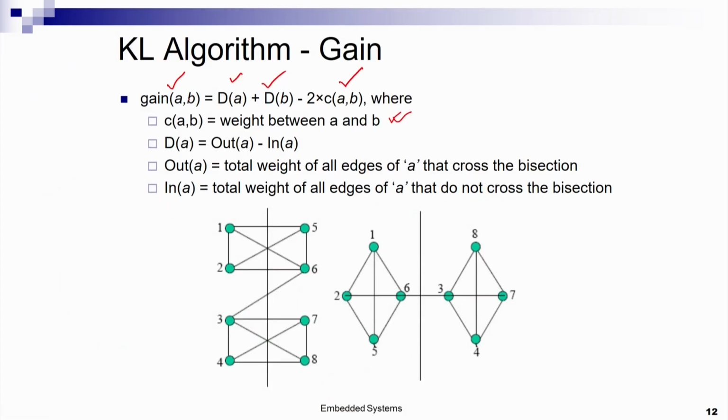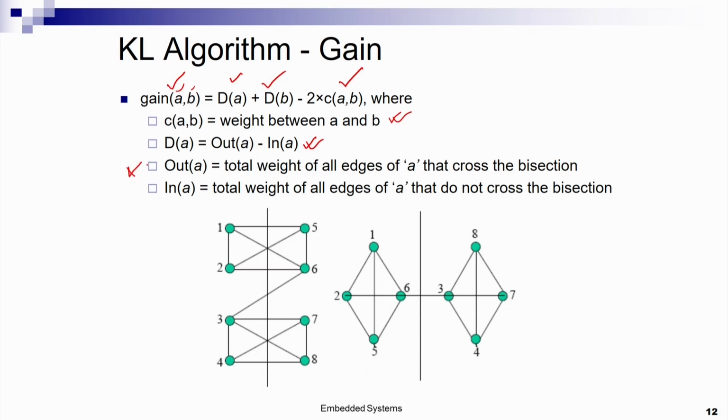Now, we take any arbitrary pair A and B and find out its gain, and that is given by dA plus dB minus 2 CAB, where CAB is the cost of the data transfer between A and B. dA is out A minus in A. Out A is the total cost of edges which cross the partition, and in A is the total cost of edges which do not cross the partition.